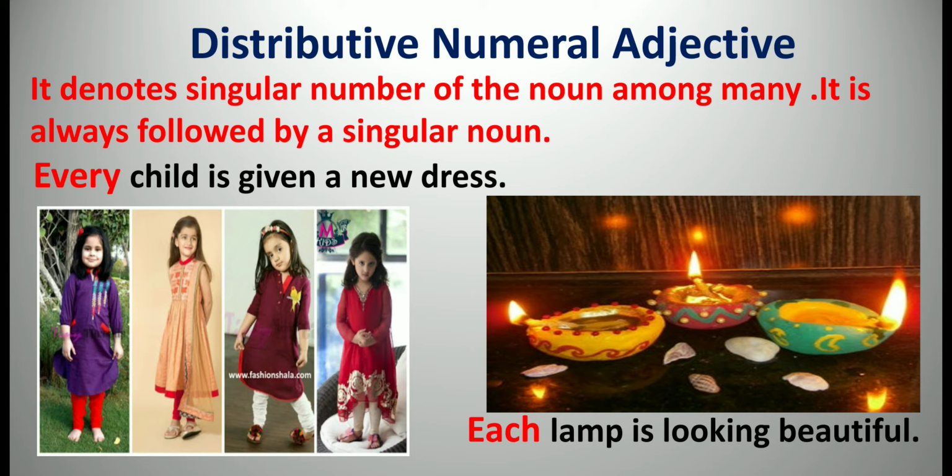Let's look at these examples. Every child is given a new dress. Each lamp is looking beautiful. The words every and each refer to every single child and each one of the lamps in the group. The other examples are either, neither, etc.